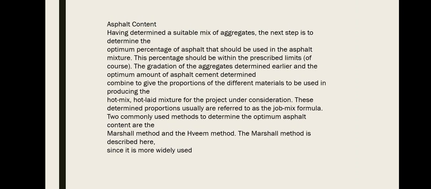The gradation of aggregates determined earlier and the optimum amount of asphalt cement combine to give the proportions by weight of the different materials to be used in producing the hot laid mixture for the project under consideration. These determined proportions usually are referred to as the job mix formula.